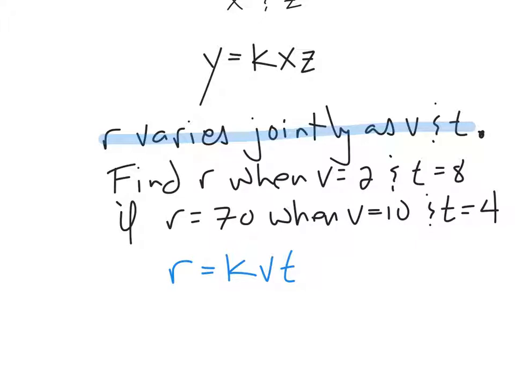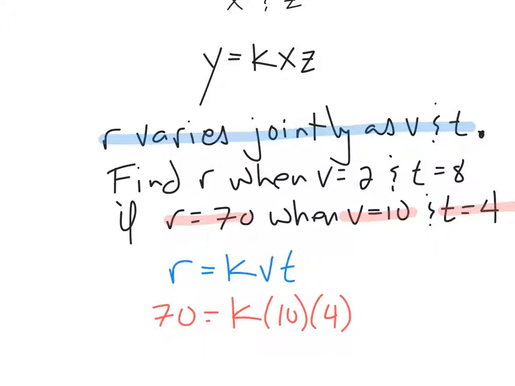Now I use the last part to find K. They tell me that R is 70 when V is equal to 10 and T is equal to 4. So 70 is equal to K, which I don't know, times V, which is 10, times T, which is 4.